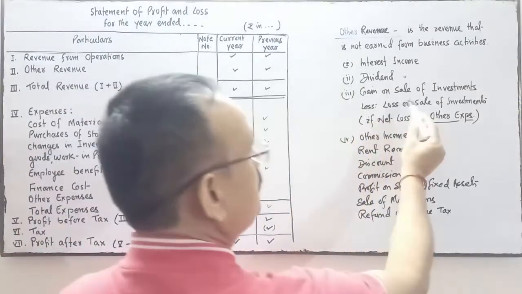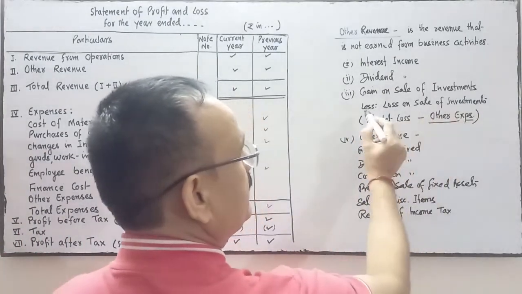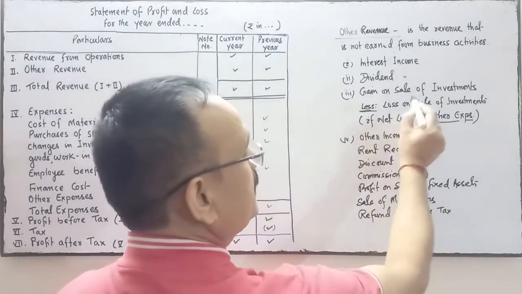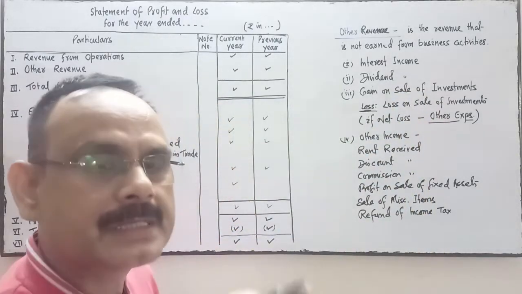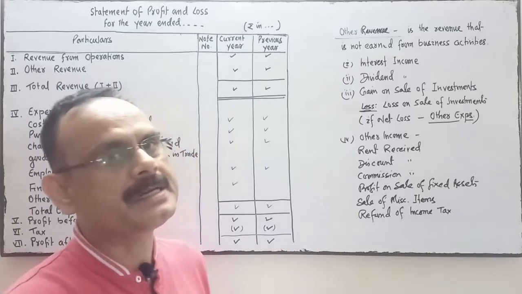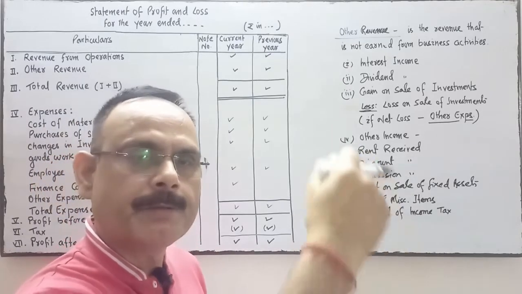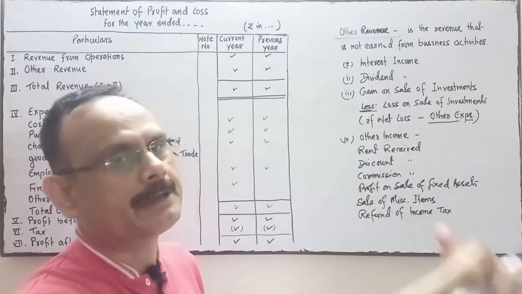So gain on sale of investment, less if there is a loss on sale of investment, will be deducted from the gain on sale of investment. If the resultant is plus, then that will be reflected in other revenue.